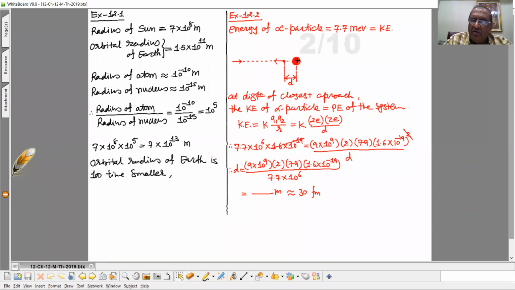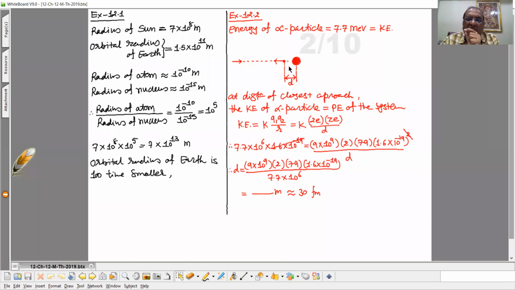reaches very close to the nucleus, it will experience a repulsive force. As it moves closer and closer to the center of the atom, the repulsive force will be continuously increasing. So at a particular closest distance from the center of the atom, meaning from the nucleus, momentarily it will be steady and then rebound.